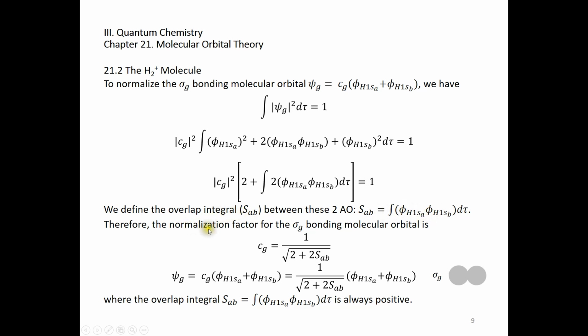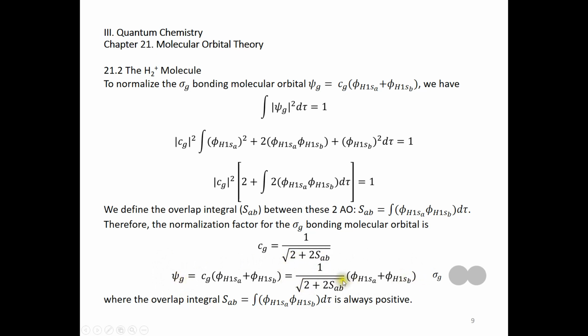S sub AB is defined to be the integral of 1sa orbital times 1sb orbital. And therefore, the normalization factor for the sigma g bonding orbital becomes 1 over the square root of 2 plus 2 times SAB. So over here, this is 2 times SAB, and therefore this Cg squared is 1 over 2 plus 2 SAB, and therefore Cg is 1 over the square root of 2 plus 2 SAB. And then the molecular orbital becomes this. Now this is normalized.